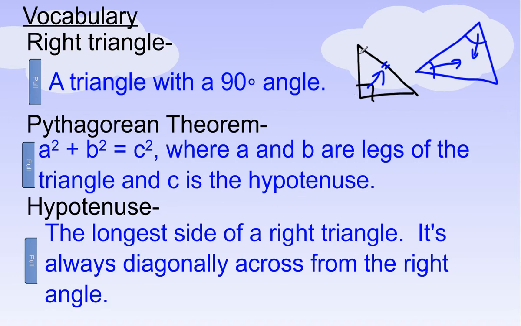In this case, the 90-degree angle is the biggest angle of this triangle, so across from it is the biggest side. That's what the hypotenuse is, the longest side of the right triangle. And in our Pythagorean theorem, it's always going to be the c value. The a and the b can be the two different legs. It doesn't matter which way you put them, but the hypotenuse always has to be the c.